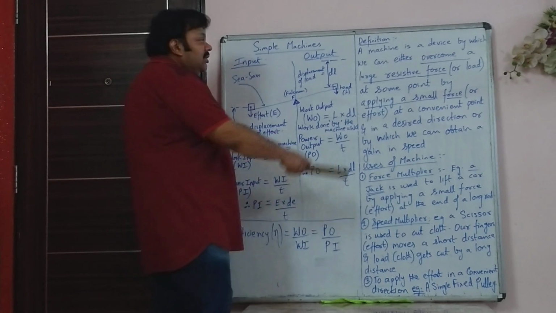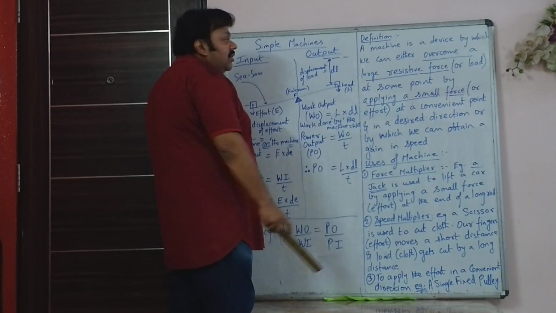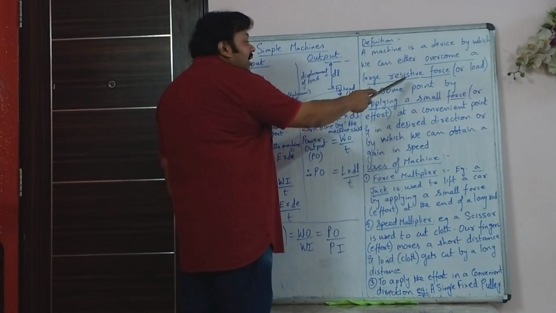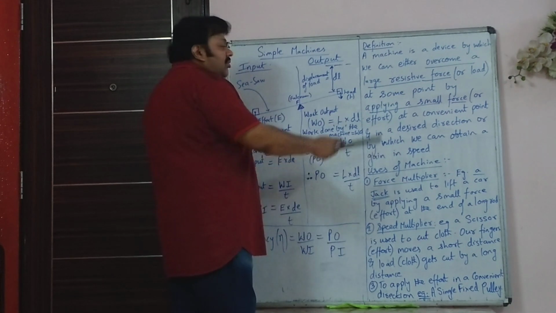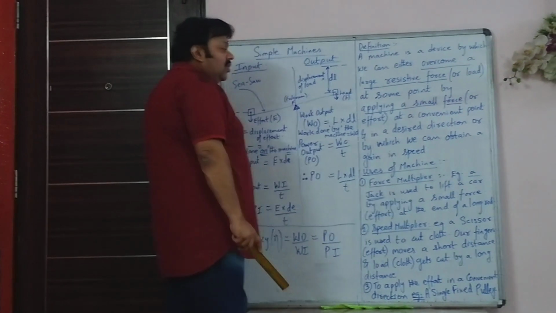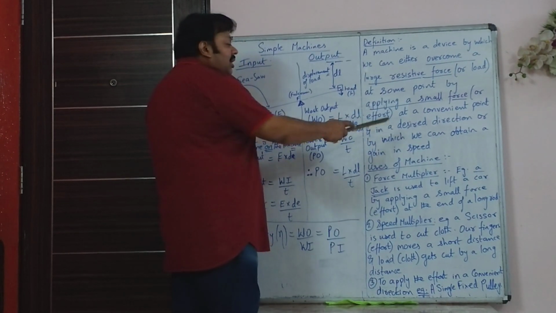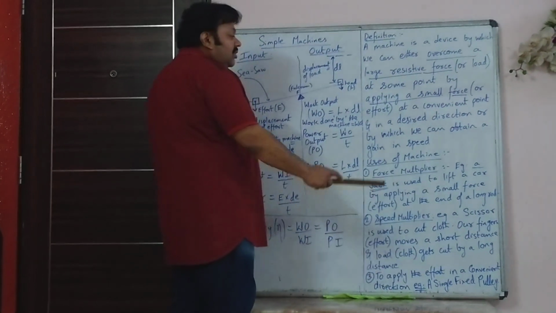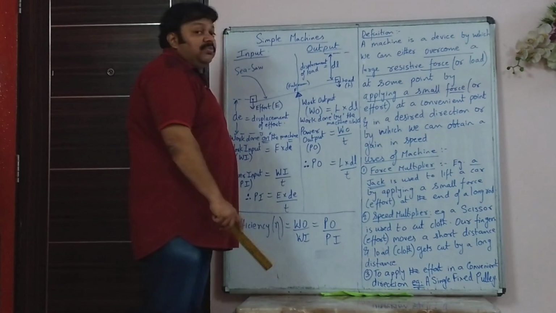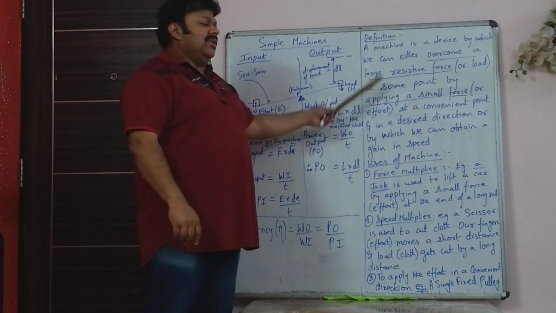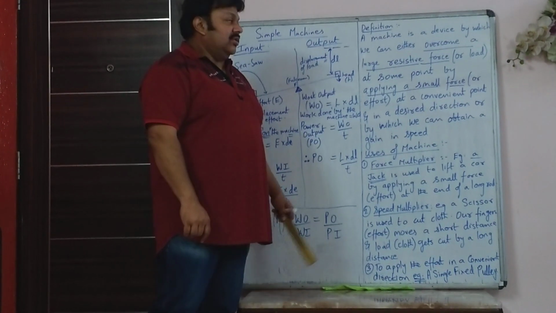So based on all the three, we can define a machine as a device by which we can either overcome a large resistive force or load at some point by applying a small force or effort at a convenient point and in a desired direction, or by which we can obtain gain in speed. So the definition basically talks about force multipliers and speed multipliers.